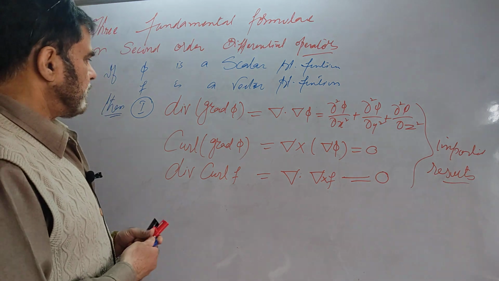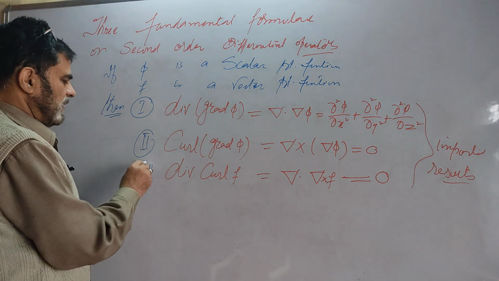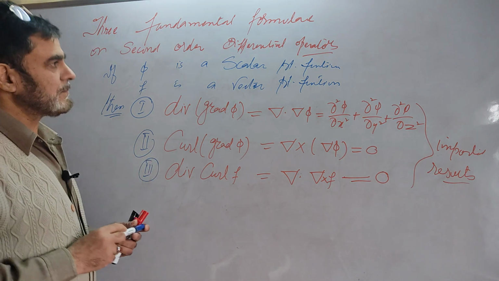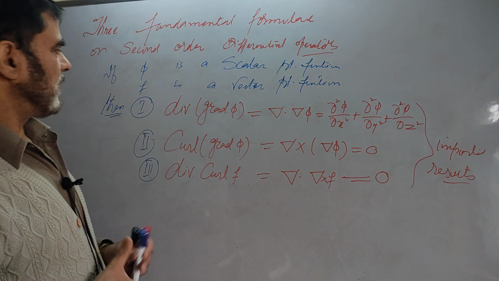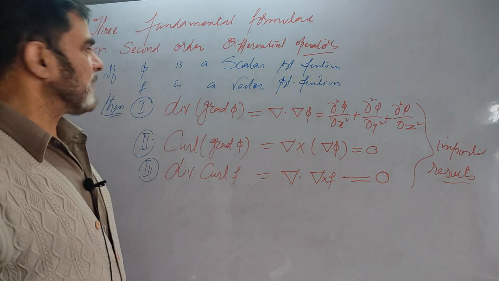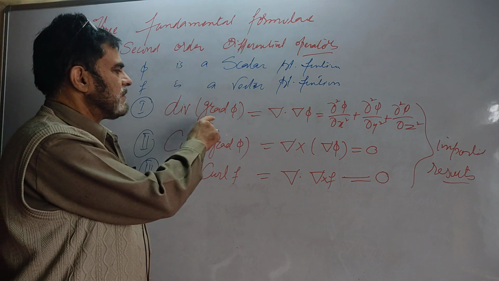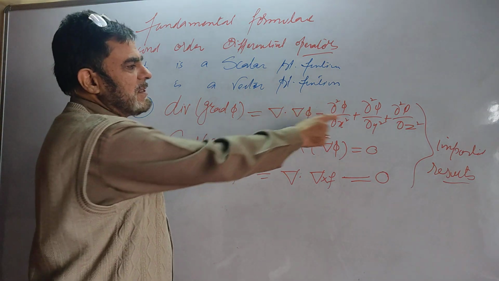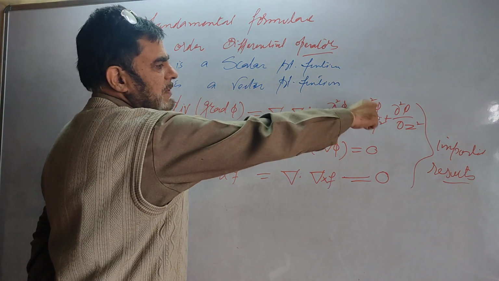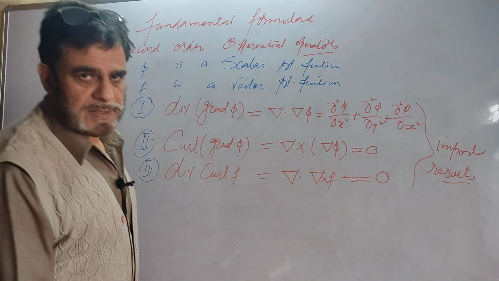I wrote here three important results that we will prove on these second order differential operators. Phi is a scalar point function, f a vector point function. Then the divergence of gradient of phi is del 2 phi by del x square plus del 2 phi by del y square plus del 2 phi by del z square. Very important. You have to remember this. You will be using it in future.